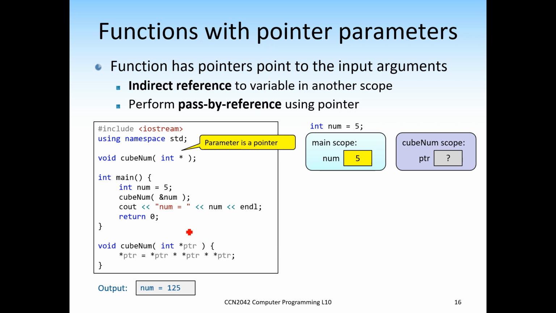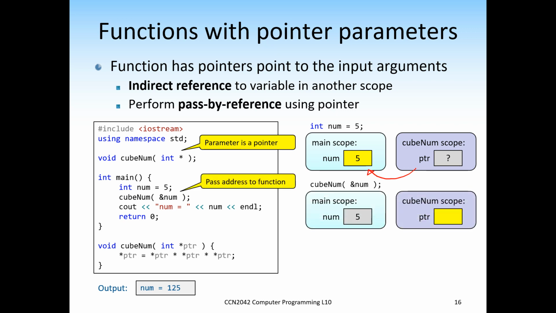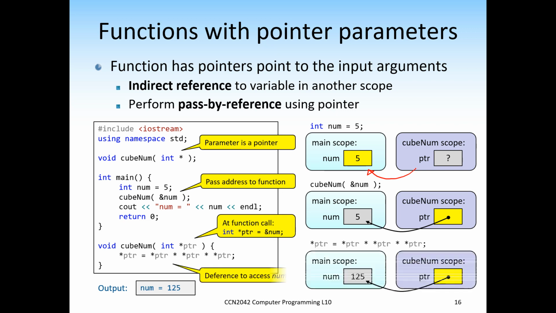What it means is simply that this pointer points to the address of num. So that's why here the pointer points to the address of num as well. By passing the address to the function, it points to the same location. Once we are looking at the operation, this one is a little bit difficult to read.